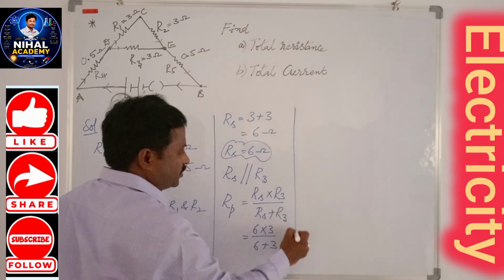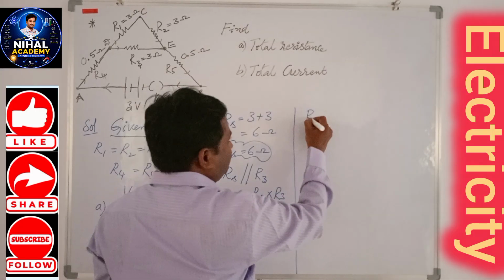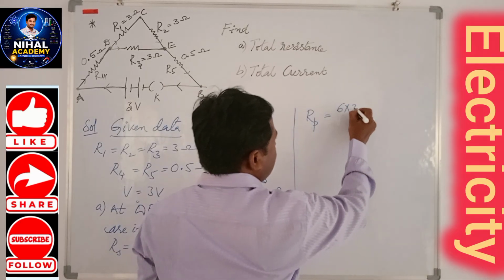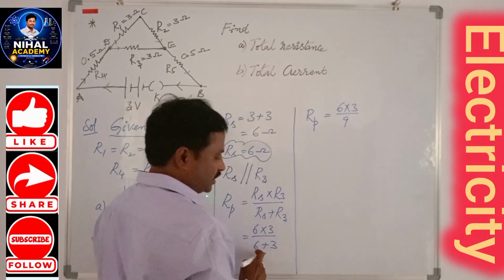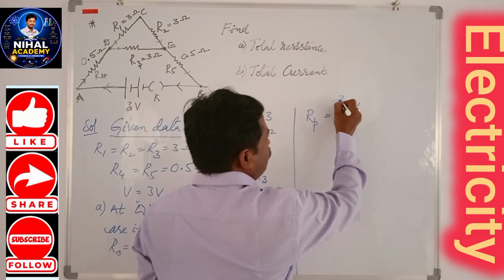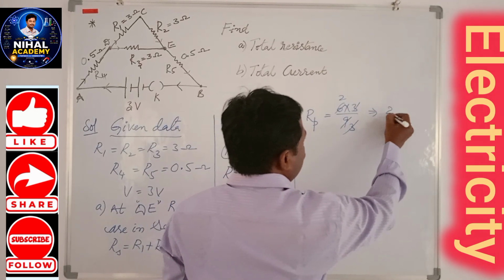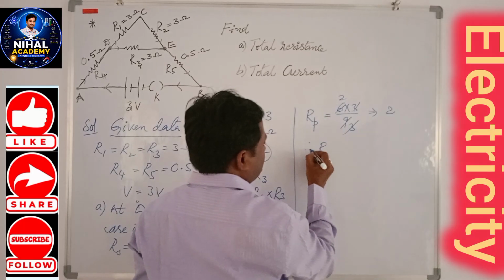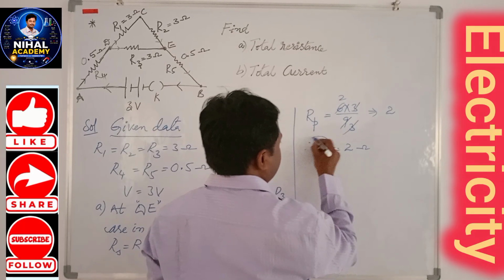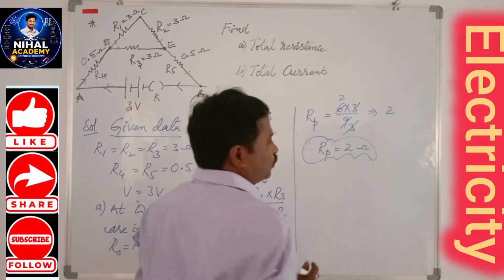So Rp is equal to 6 into 3 by 6 plus 3, which is 18 by 9. 3 here 3 times, 3 here 2 times, so this is equal to 2. Therefore Rp is equal to 2 ohm.